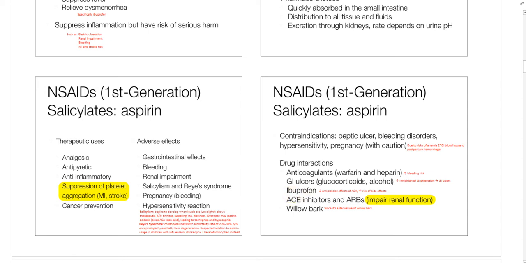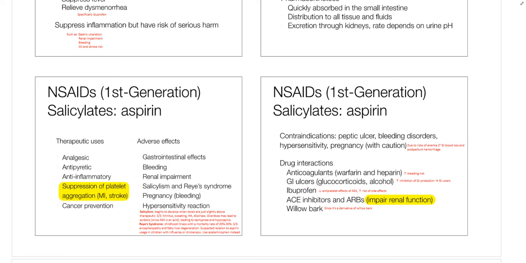Don't take it with ibuprofen or not acetaminophen. You can take it with acetaminophen. You cannot take it with other first or second generation NSAIDs, because there will be a decreased antiplatelet effect from aspirin, because most of the time people take aspirin for the purpose of protecting against MI and stroke.